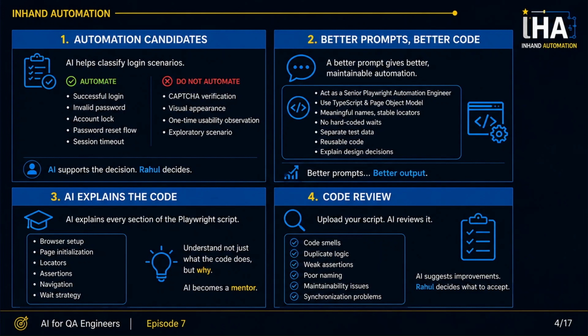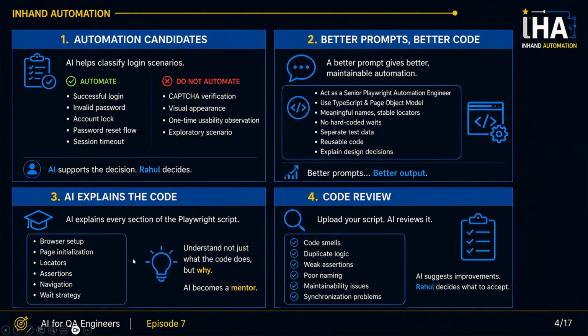So Rahul this time is not interested in blindly copy pasting the code he received from this prompt. In his mind, he thinks that before simply copy pasting the code, he will ask AI to explain every section of this Playwright script.